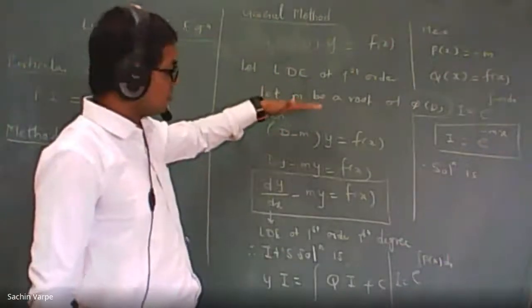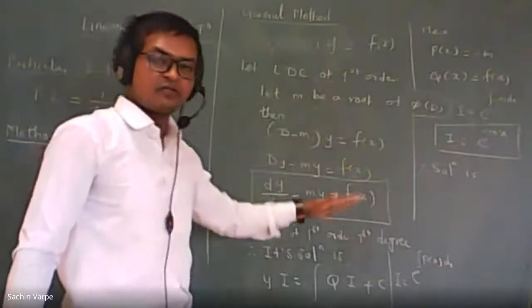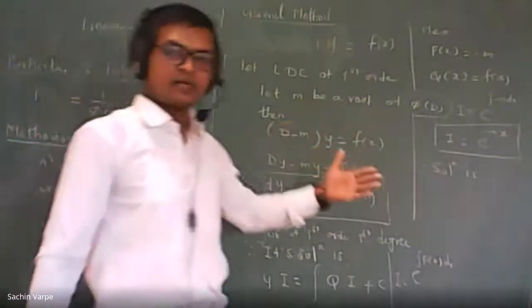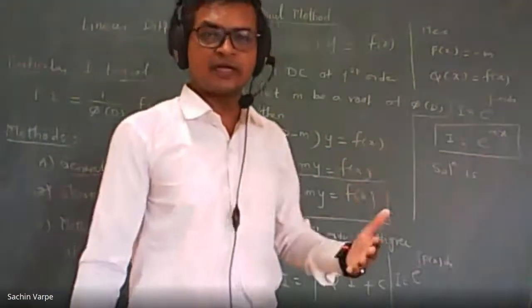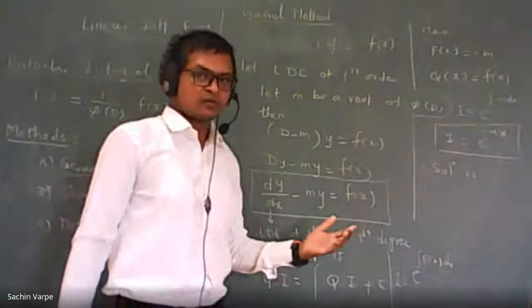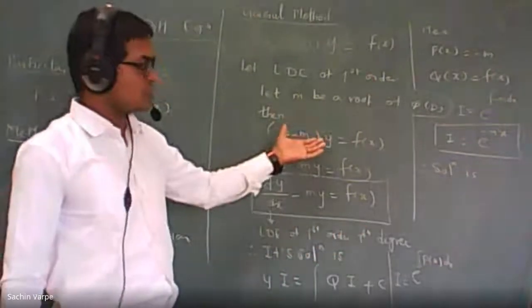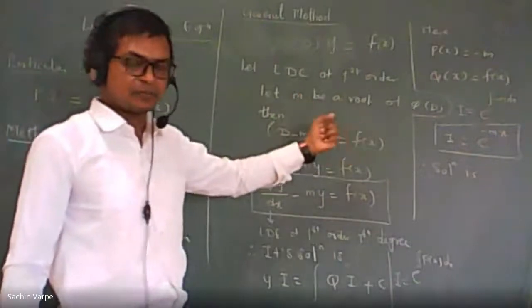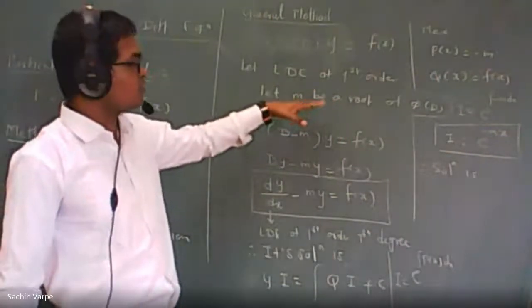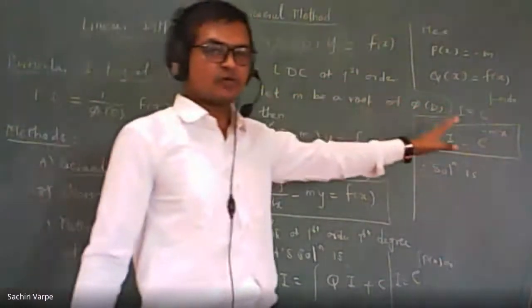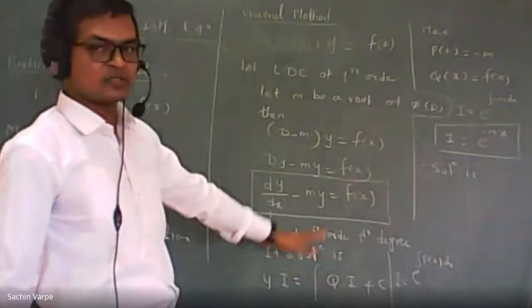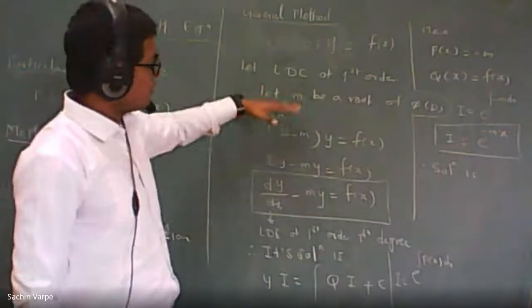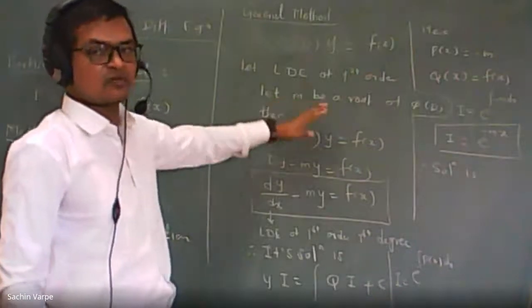But then we are going to extend the concept of solution of linear differential equations with constant coefficient to linear differential equations of any order, but degree must be 1. Right now we are discussing only the case of first order first degree.